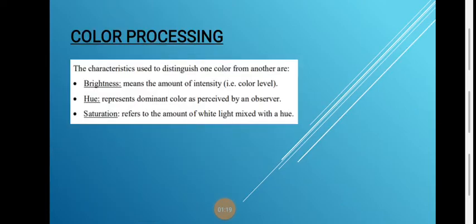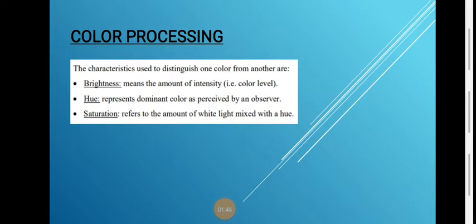What are the main parameters of color image processing? The first one is brightness, the second one hue, and then saturation. Brightness is the amount of intensity of light that falls on a particular object. Hue is defined as the color that is perceived by an observer.